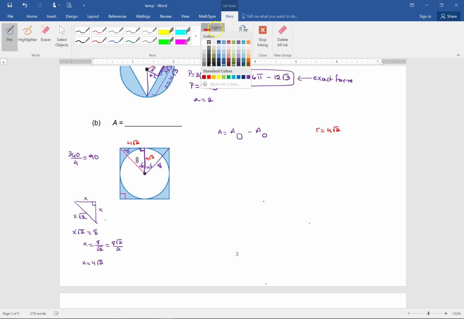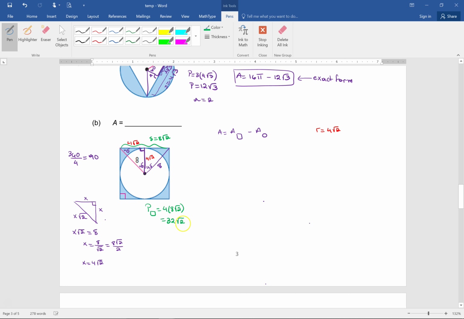And how big is the side of my square? 8 root 2. Oh, yeah. So the perimeter of the square is 4 times 8 root 2. And that's equal to 32 root 2.